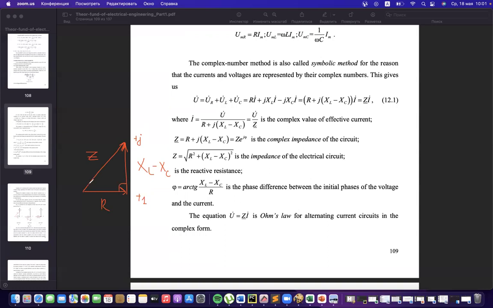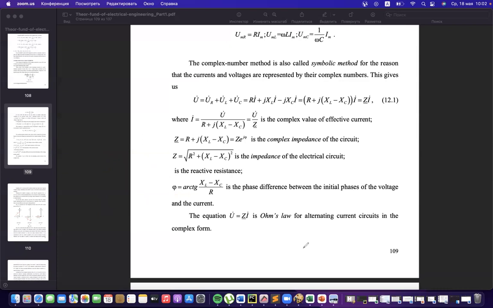There is a 90 degrees angle, the initial phase of your impedance, and the impedance will be the hypotenuse inside this triangle. That is why you could use the Pythagoras theorem to deal with these 3 types of resistances. You could find impedance using the Pythagoras theorem, and you could find the angle using the arctangent function.